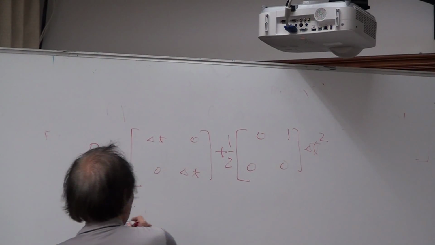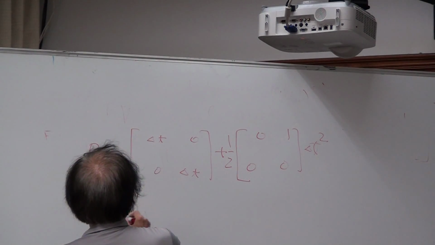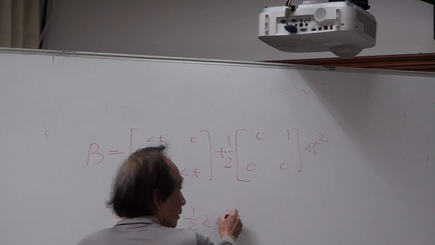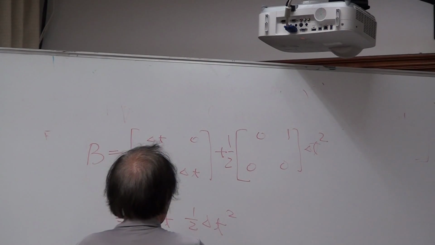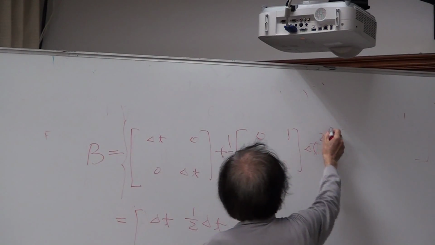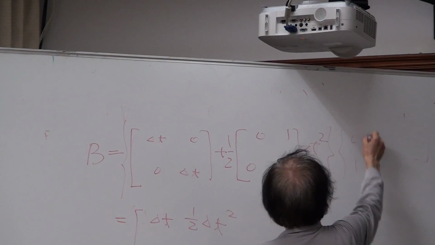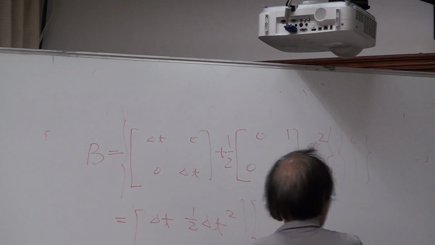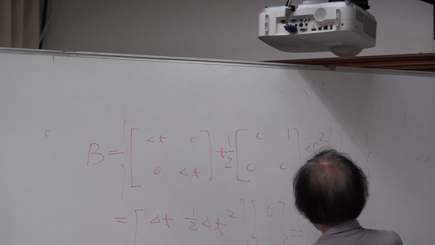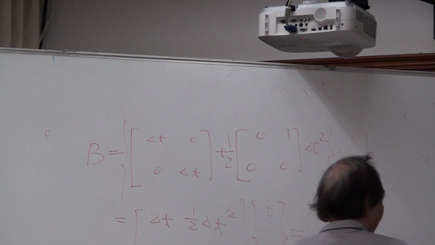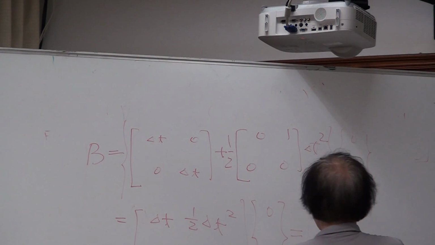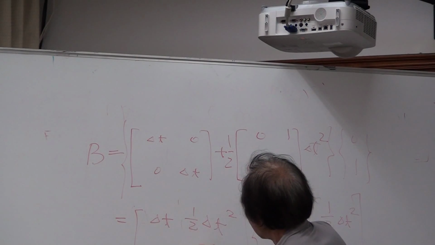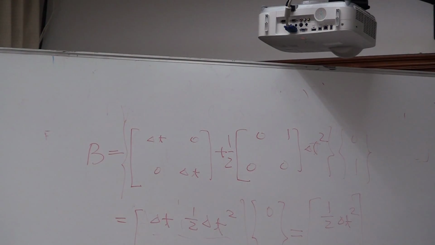So that becomes delta t, half delta t squared and 0 delta t. Of course, I have to multiply this by 0 1 and this by 0 1, then that equals delta t squared, and then delta t. Right? Any questions?